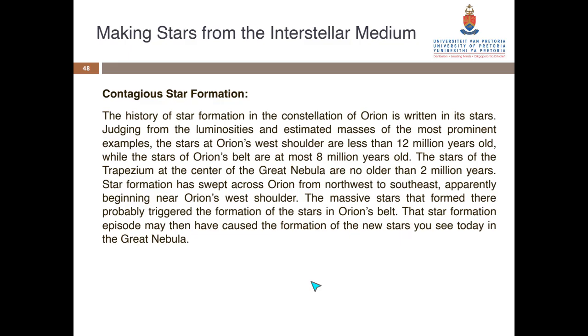Star formation has swept across Orion northwest to southeast, apparently beginning near Orion's west shoulder. The massive stars that formed there probably triggered the formation of the stars in Orion's belt, and that star formation episode may then have caused the formation of the new stars you see today in the Great Nebula.